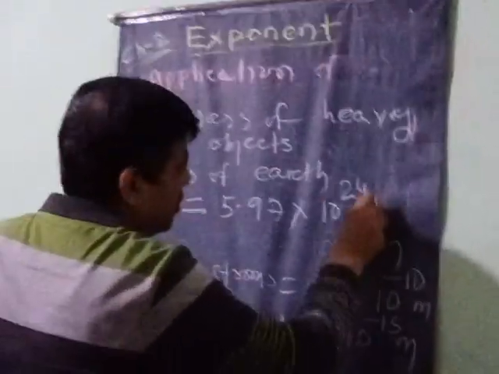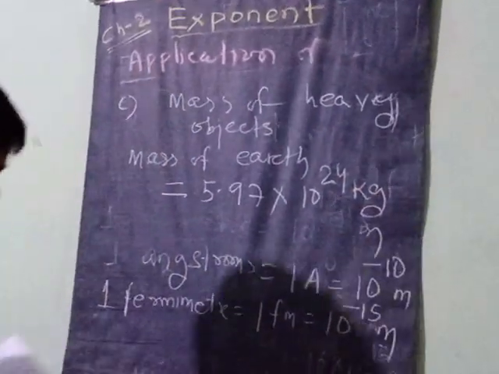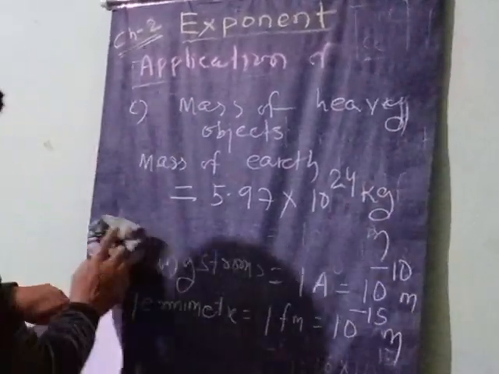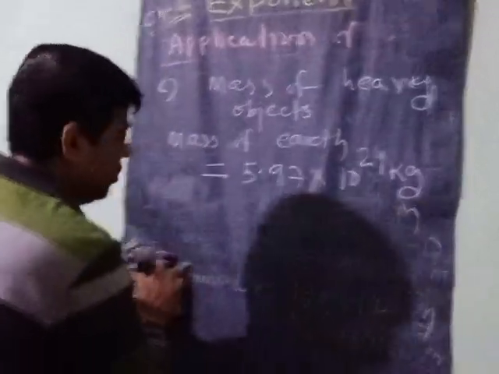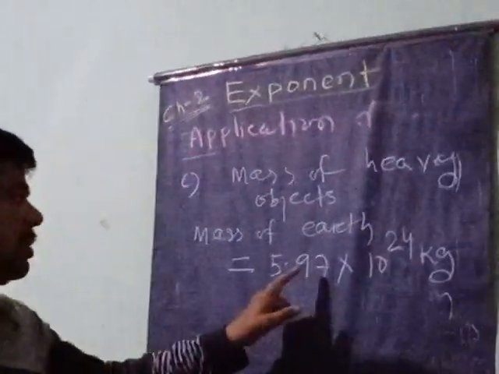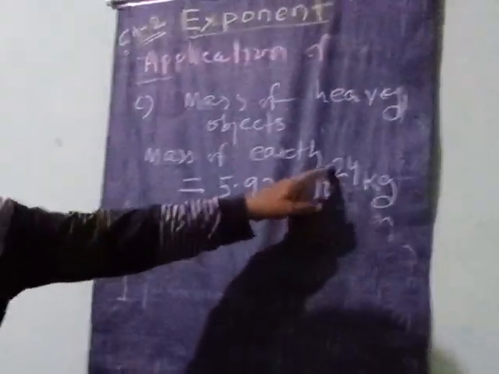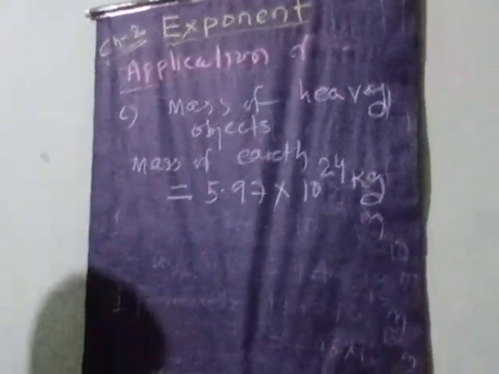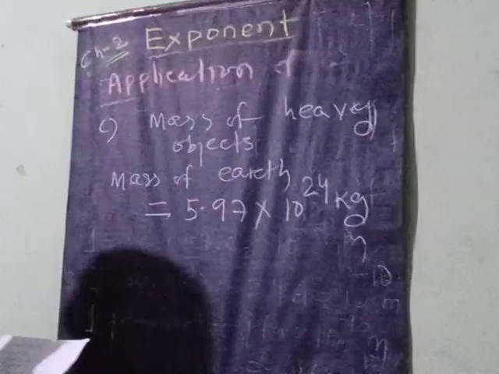You see, such a huge number. This number is used in the standard form, or scientific notation, in the form of an exponent, 10 to the 24. If you expand it, it is not possible to express; it will take a very large space, which is tedious to write.